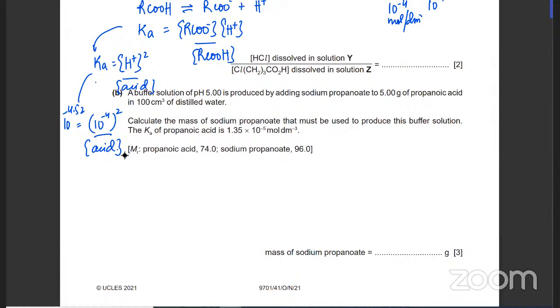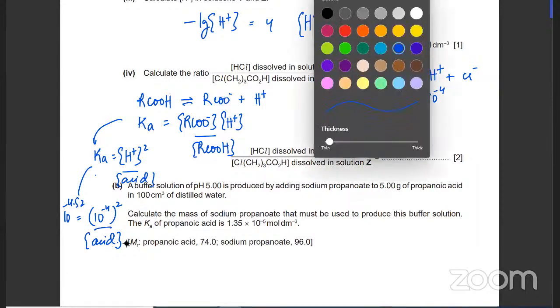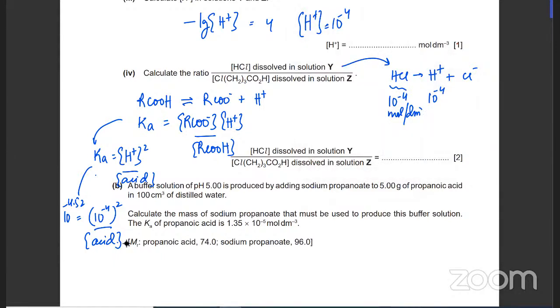But why have we taken the square on H plus? Because this ion and that ion are going to be produced in exactly the same concentration, right? Okay, sir. We are finding the concentration of the acid. And this 10 raised to minus 4.52, that is from the pK.